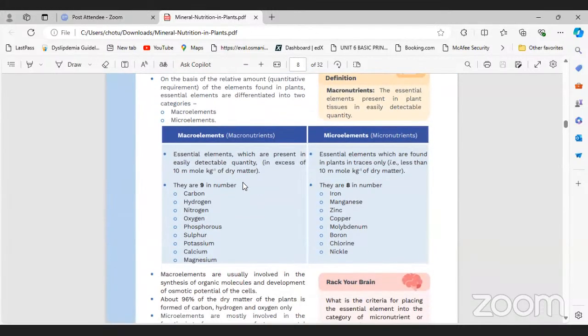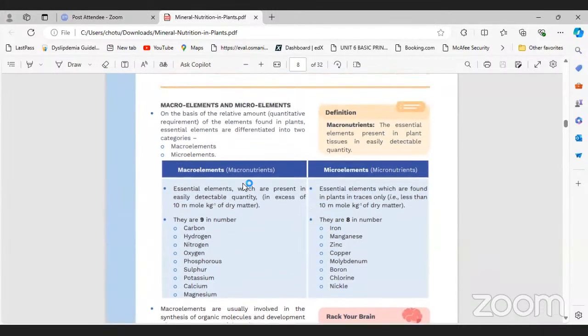See, macro and micro elements. Macro elements are CHO, NSPK, Mg, CaFe: carbon, hydrogen, nitrogen, oxygen, phosphorus, sulfur, potassium, calcium, magnesium.